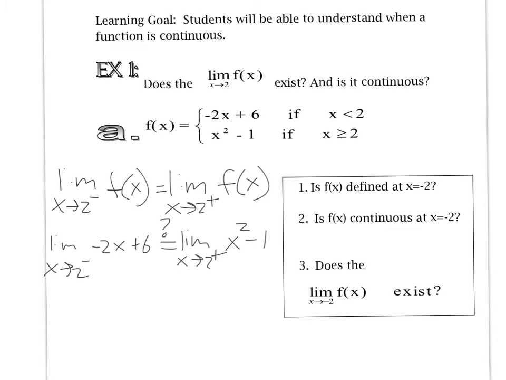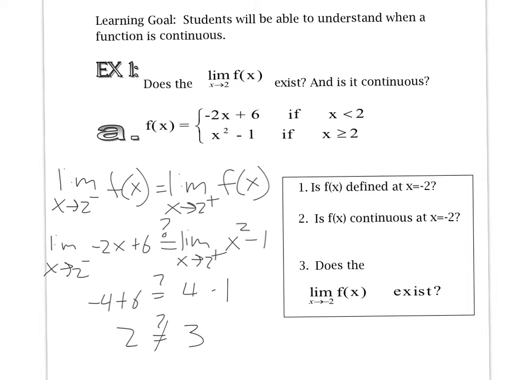And so we're just going to evaluate these. I can just plug it in. There's no reason why I can't just plug it in. So when I plug in a 2, I get negative 4 plus 6, and then that gives me positive 2. So is that equal to the right? Well, on the right here, there's no reason why I can't just plug it in. 2 squared is 4, and 4 minus 1 is 3.